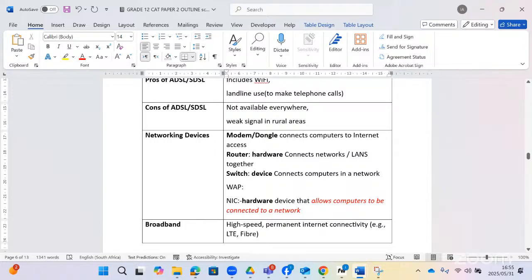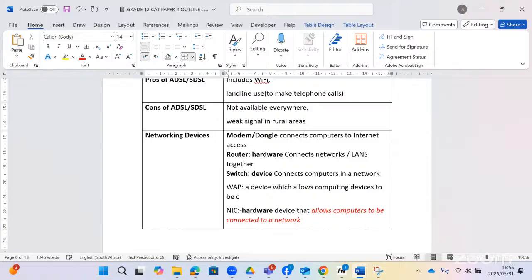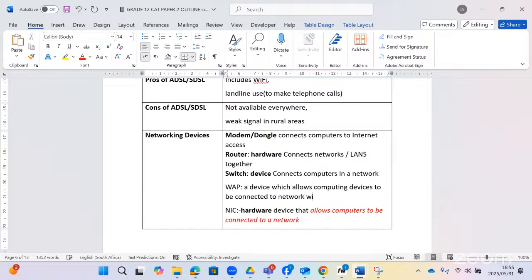A wireless access point is also a device. It's a device which allows computers or computing devices to be connected to the internet or a network wirelessly.